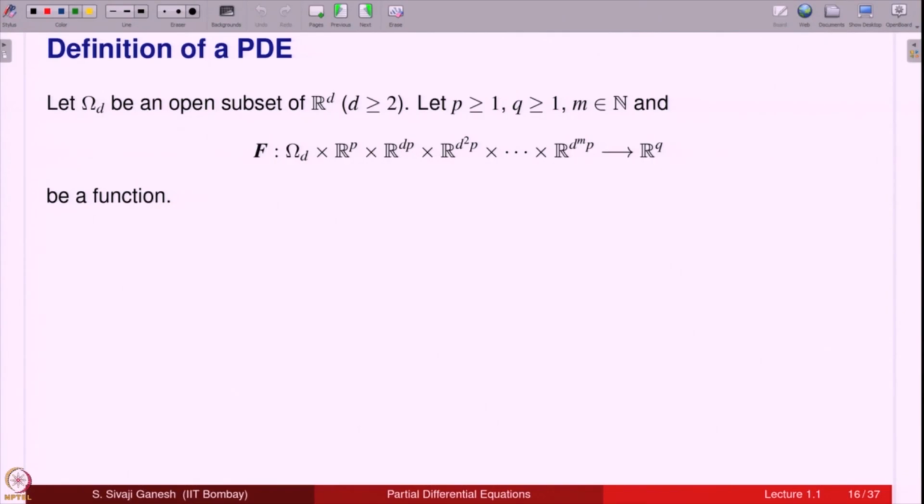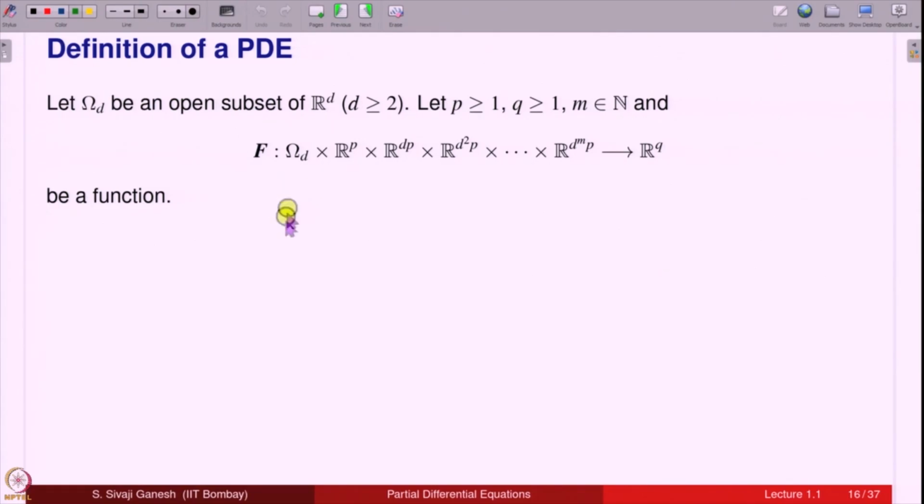Let Omega_d be an open subset of R^d and let f be like this, Omega_d cross R^p cross R^{dp}, R^{d²p} and so on up to R^{d^m p}, taking values in R^q, be a function. So, it means f is taking values in R^q, that means there are q functions in this. This Omega_d is where x is going to sit, that means I am considering x in R^d.